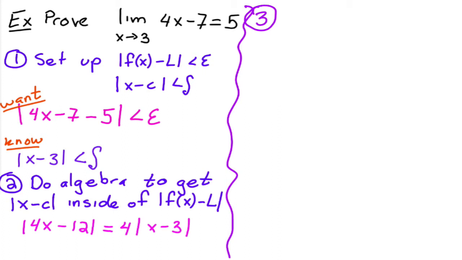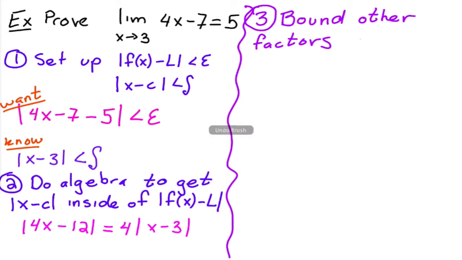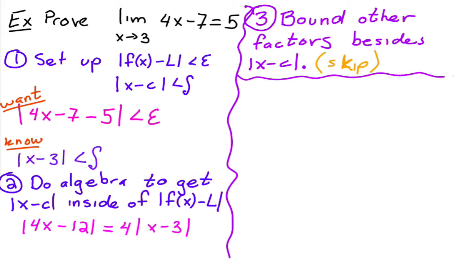But if we don't have a constant, if we have other variables, then we have to bound other factors besides x − c. On the next example we'll take this into effect. But in this case, this is the simplest case, so we skip because we don't need to bound it. This will be more clear later when we do some of the harder problems.